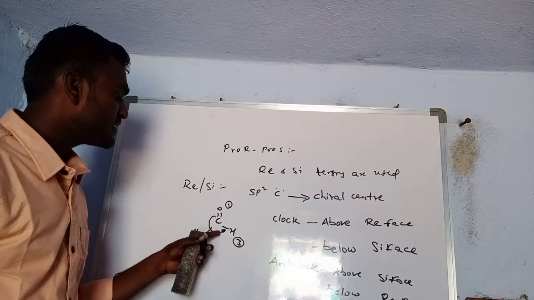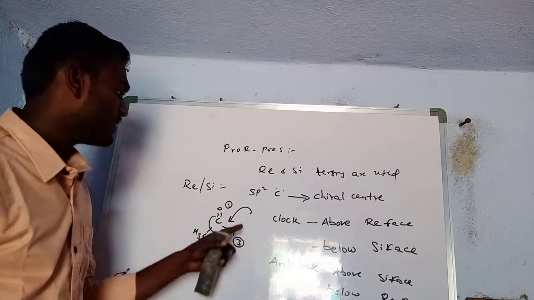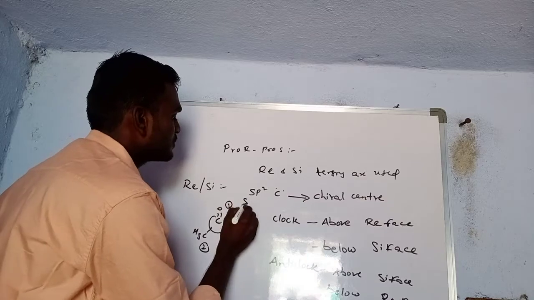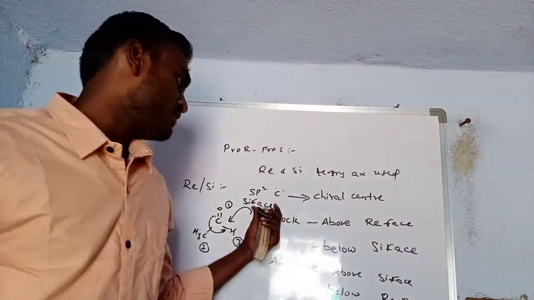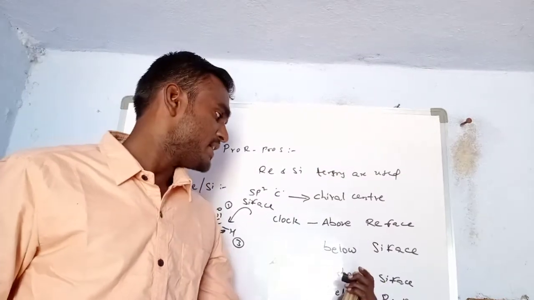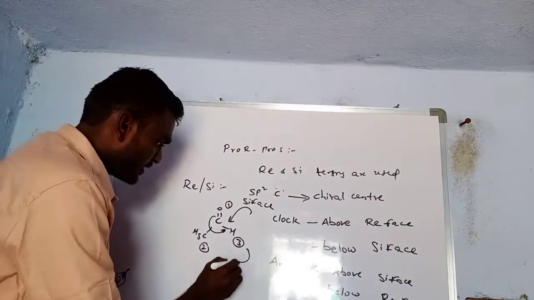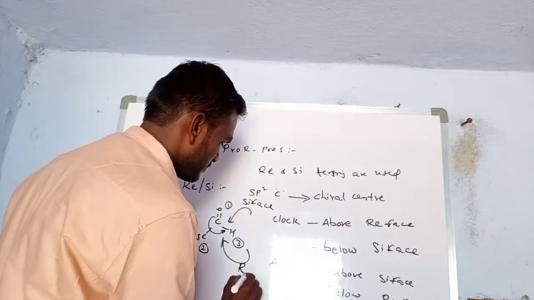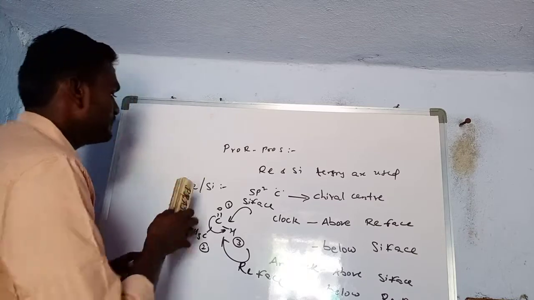Whenever the priorities are anti-clockwise, the attack of the nucleophile on the above face is the Si face, and the attack of the nucleophile on the below face is the Re face. Let's see one example for this molecule.